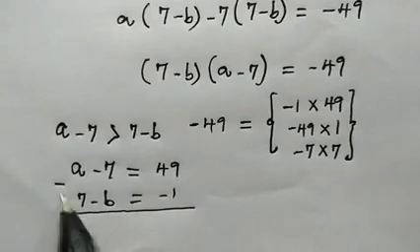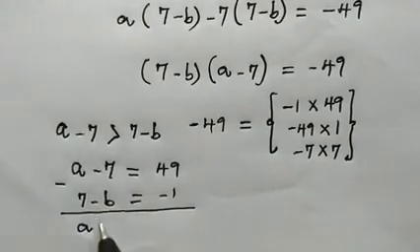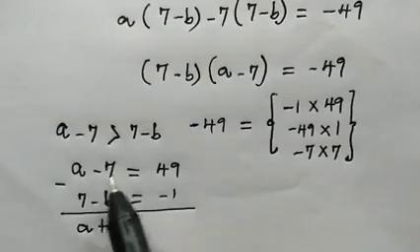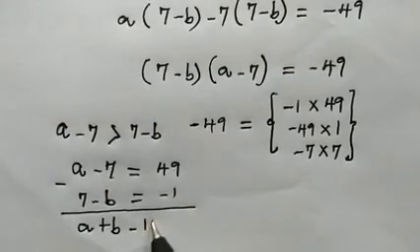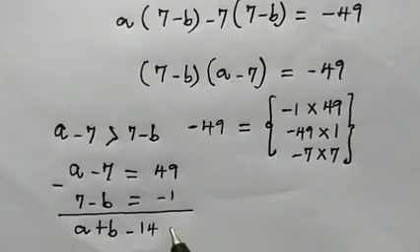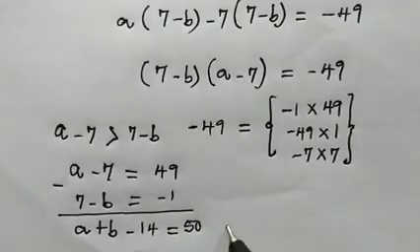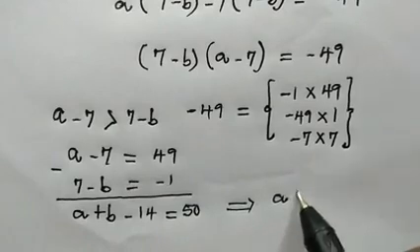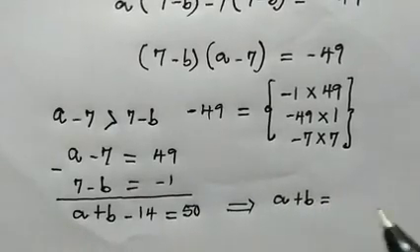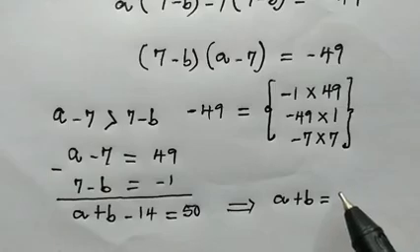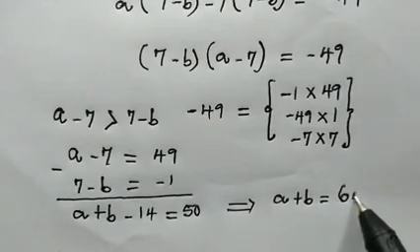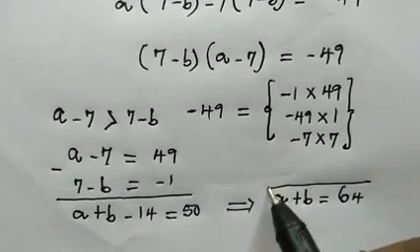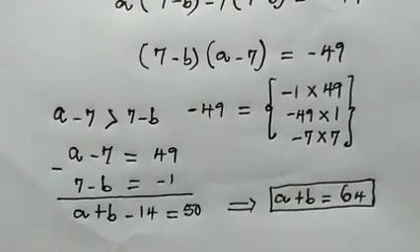So a minus b will give us a plus b, and the minus 7 will give us negative 14. So this is equal to 49 minus 1, which gives 50. If we add 14 to both sides, we get this first solution: a plus b is equal to 64.